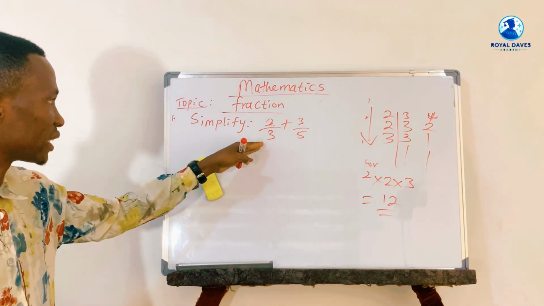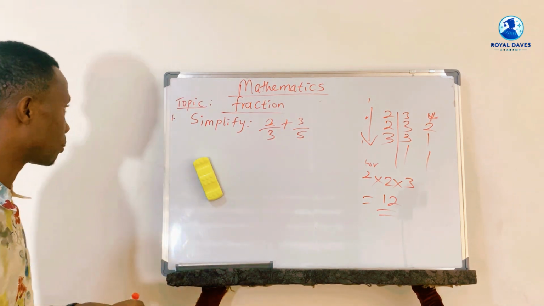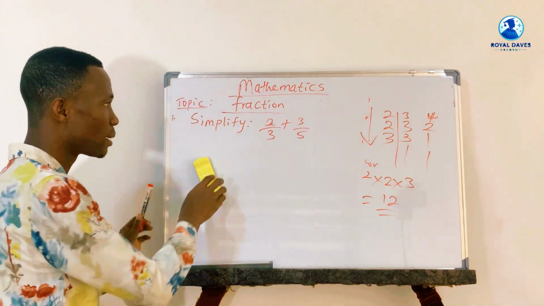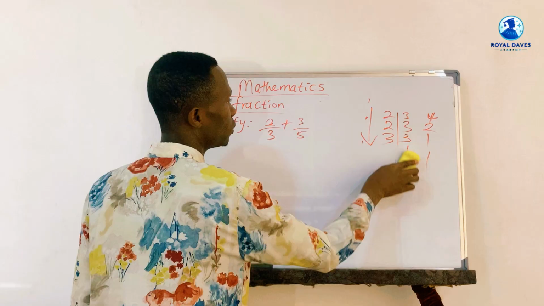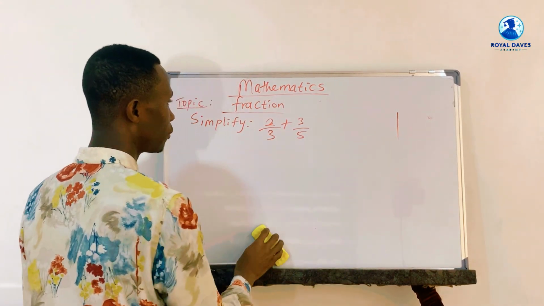If you look at this, 2 over 3 plus 3 over 5, we will follow the same procedure. We will solve it the same way as the previous example.